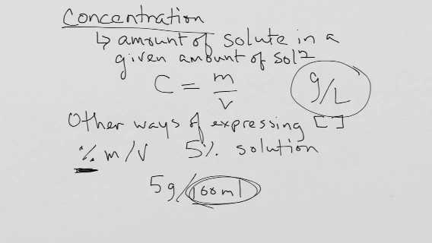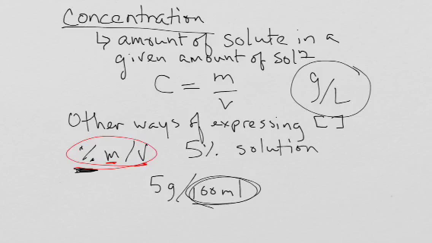In percent mass over volume, this is another way of explaining a concentration. Because we see the M here, this is a solid in a liquid, like juice crystals in water. That's the prime example.